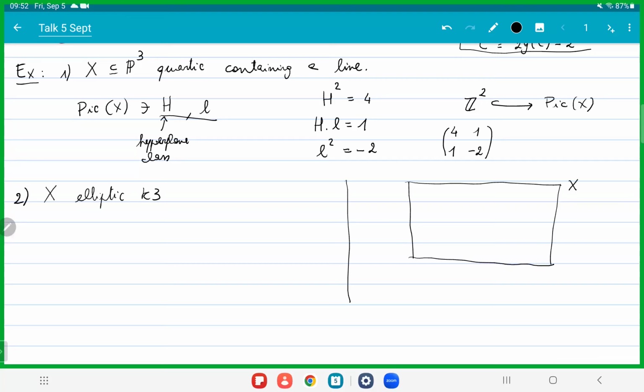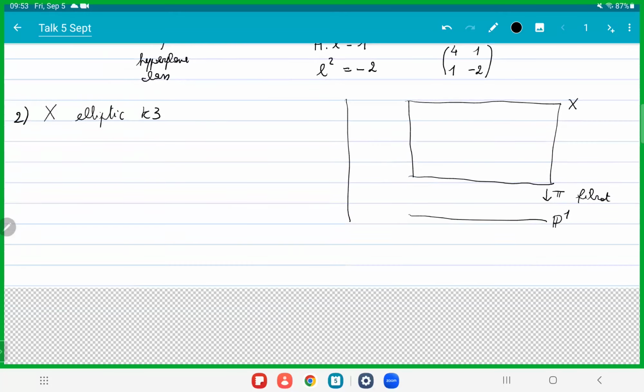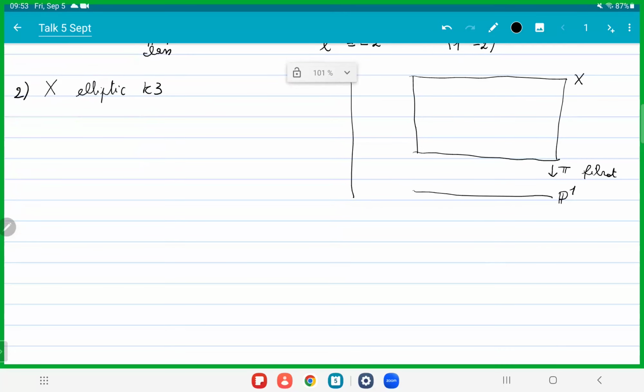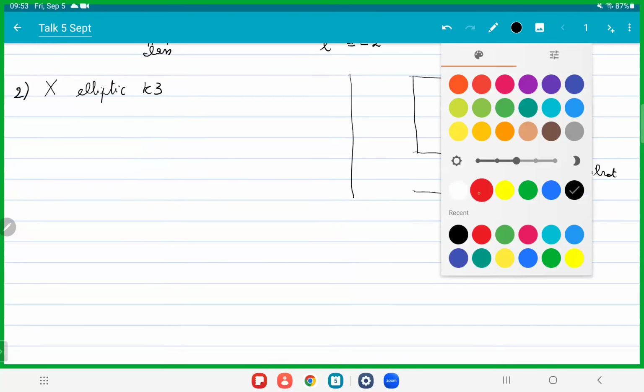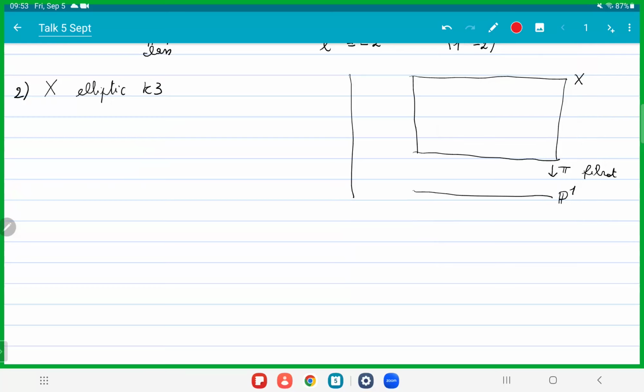Let's say we have X a K3 surface. We say that it's elliptic if it admits a proper flat morphism, a fibration, to P1. Here we are using the fact that we have a K3 surface, because the base could be any curve, but for K3s it must be P1. The generic fiber is a smooth projective elliptic curve.